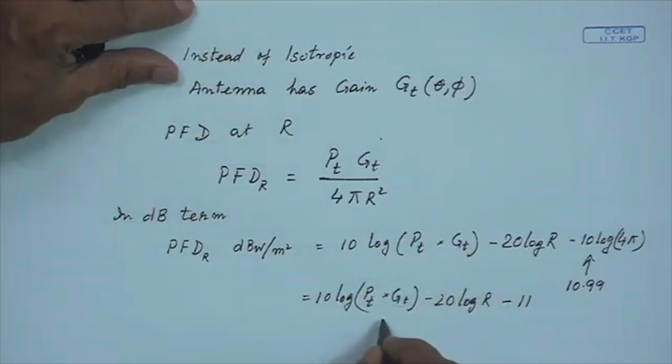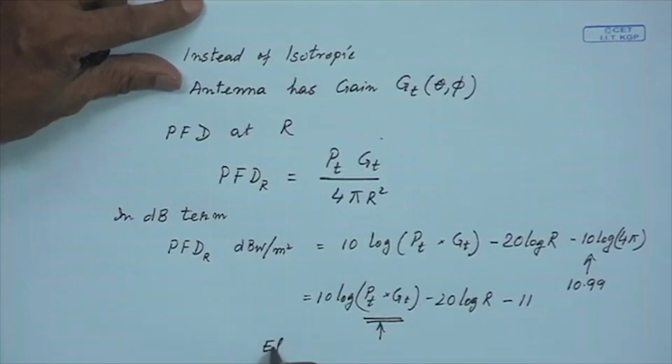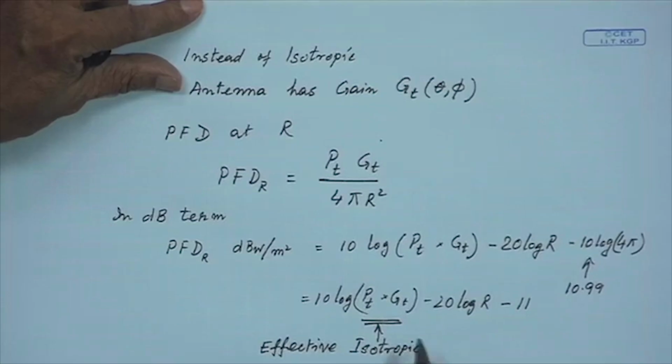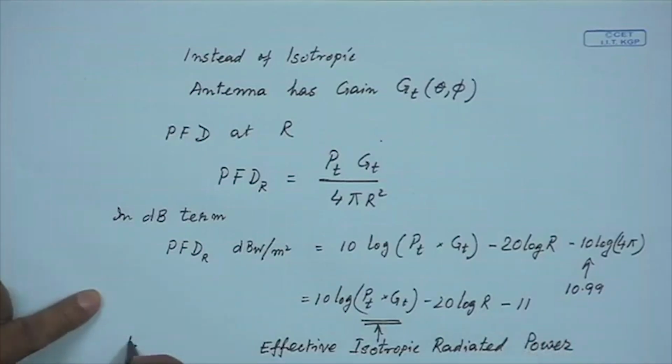So the multiplication of these two is a term which is called effective isotropic radiated power. In short, it is called EIRP.